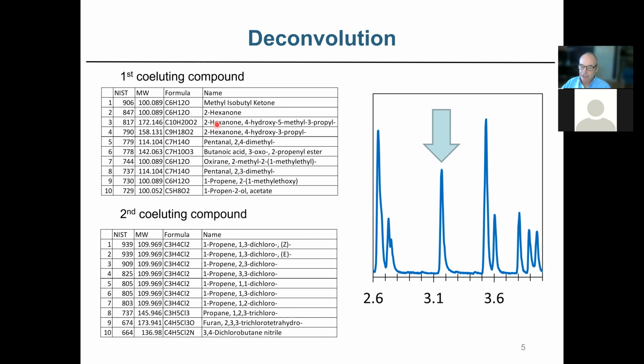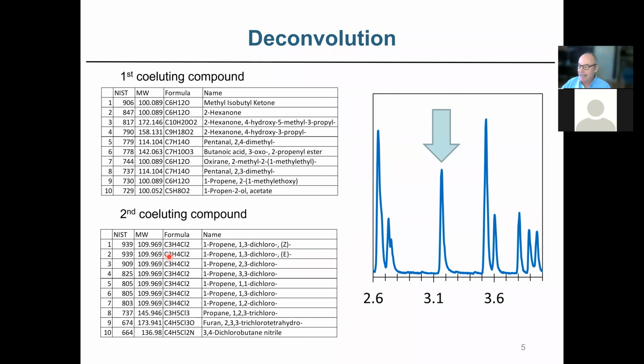There's methyl isobutyl ketone, and there's another chlorinated compound in there. Notice here, however, for the second coeluting component, there's a lot of matches that are actually bunched up at the top here. These are all isomers. They all have the same formula, and the fragmentation patterns of the spectra look very similar. So it's very, very hard to discriminate.